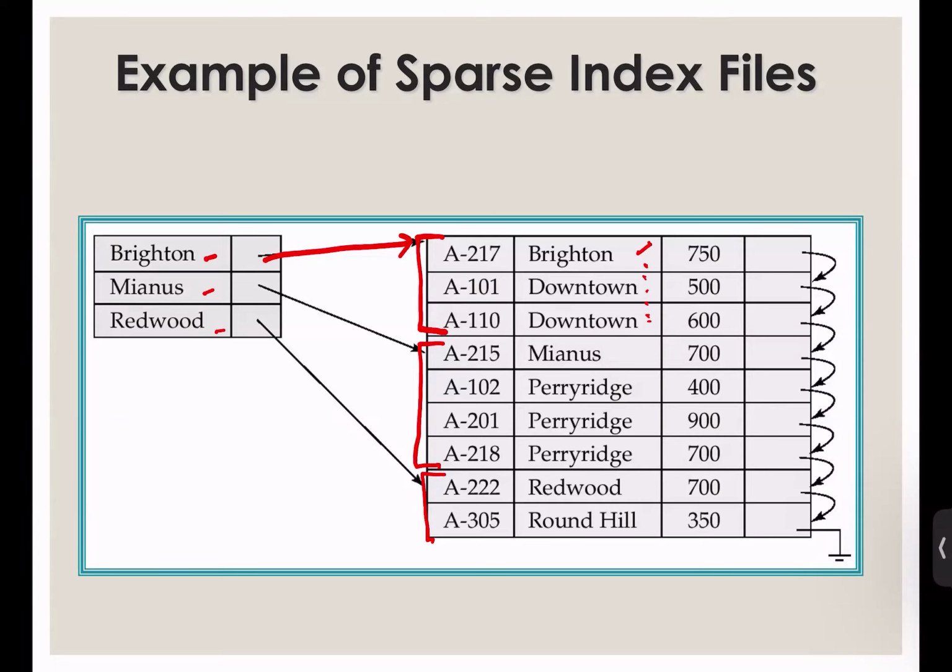But if they're not in this order, you would not be able to find downtown quickly unless you do a sequential scan, right? So it must be sorted first. Otherwise, you cannot use sparse index. That's why we say that if it's a secondary index, it must be dense. Because if it's sparse, you would not be able to find all the data records fast.